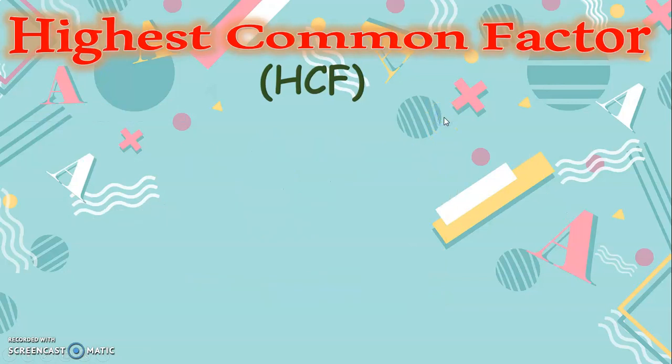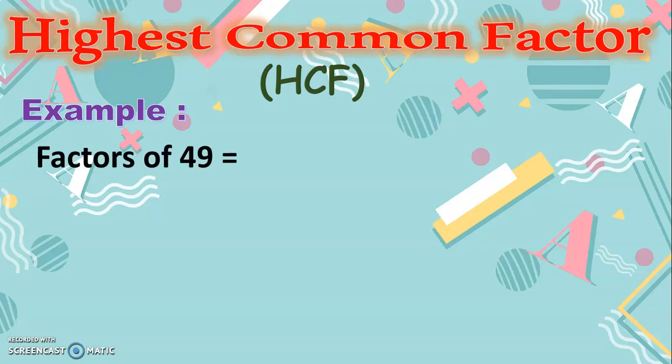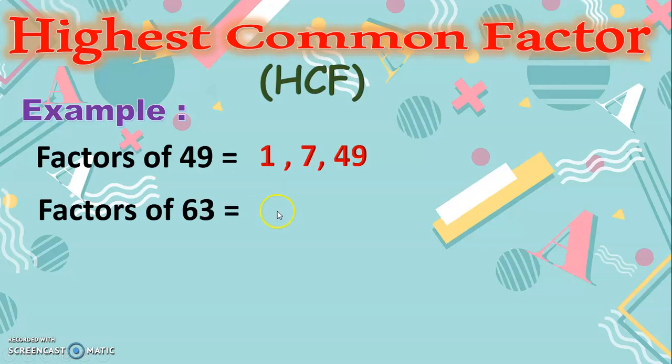Let us have another one. Factors of 49 first. So, 1, 7, and 49. Next, factors of 63. So, 1, 3, 7, 9, 21, and 63. Now, again, let us get the common factors first, the factors that are the same.